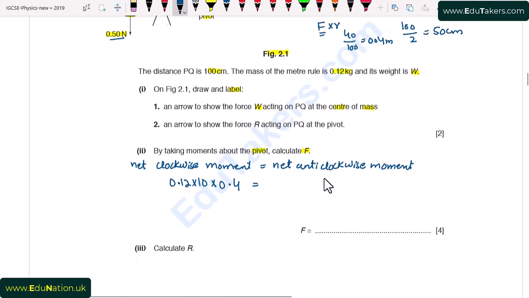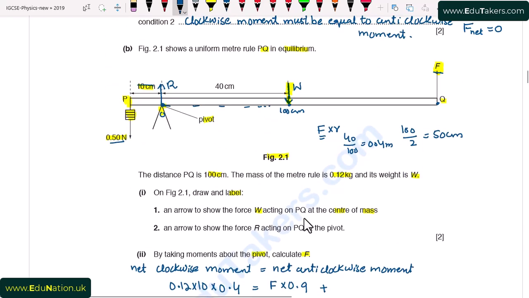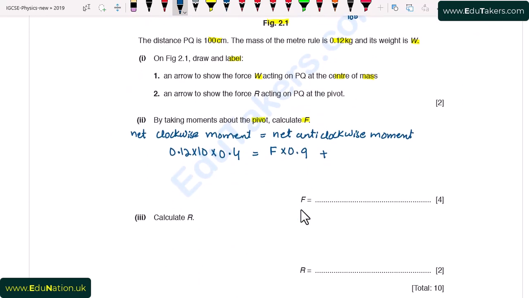So I multiply F with 0.9 plus there is also a force of 0.50 and it is at a distance of 10 centimeter. So I write here 0.50 multiply by 0.1, that is the perpendicular distance from pivot point.